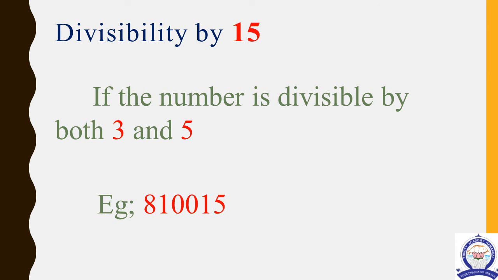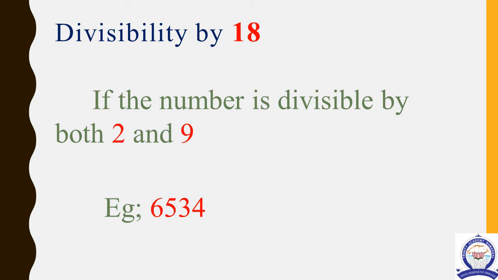Again 9 plus 0 is 9. 9 plus 1, 10. 10 plus 5 is 15. So 15 is divisible by 3. 3 5s are 15. Next, divisible by 5. So the 5 rule is if the last digit is 0 or 5. So in this number the last digit is 5. So divisibility by 15 must satisfy both the rule of 3 and 5.